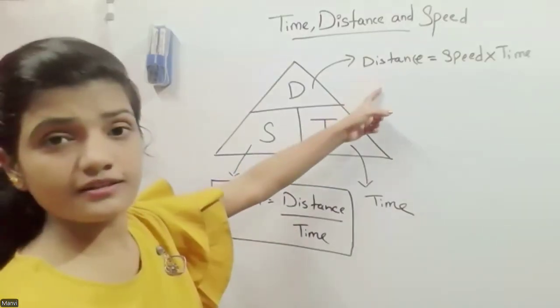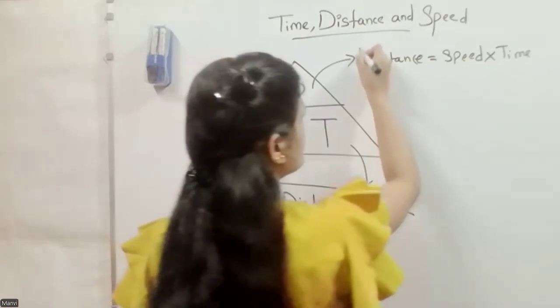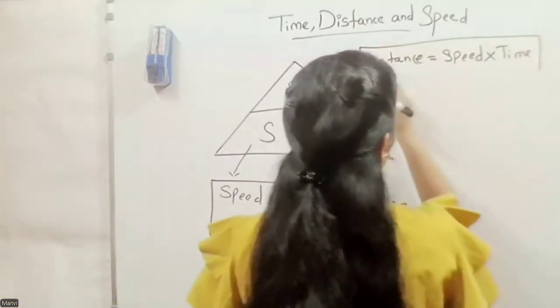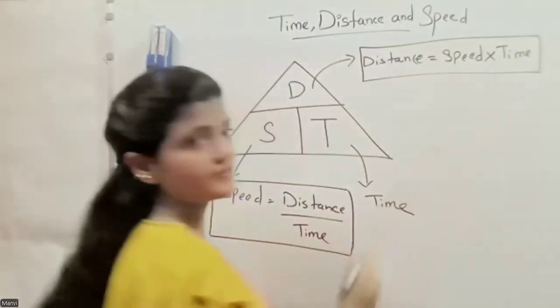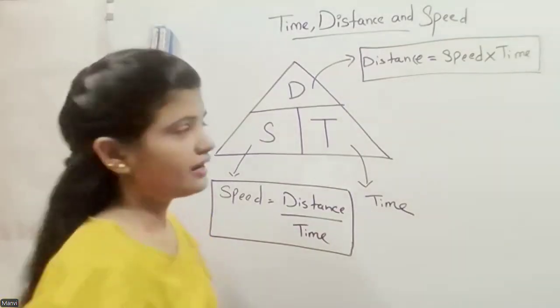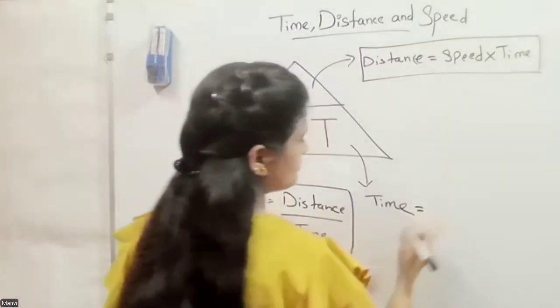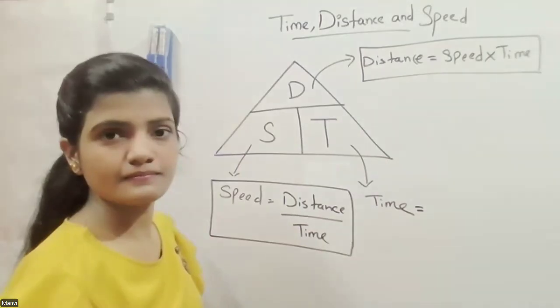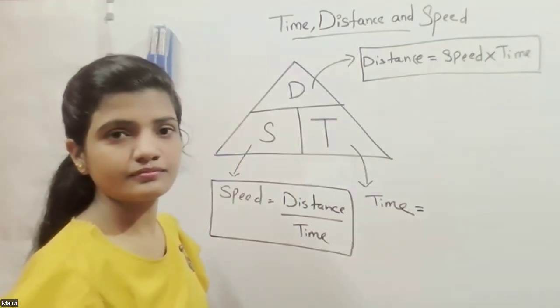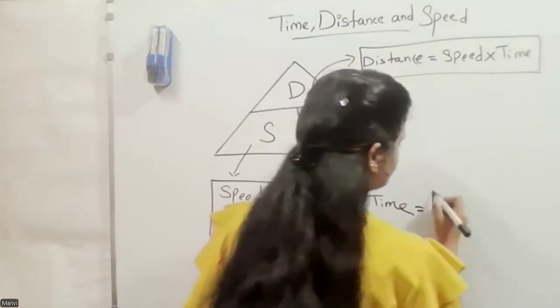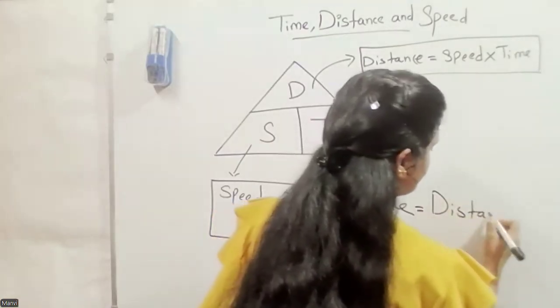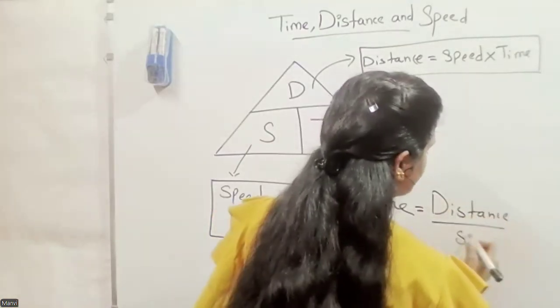What is distance? Distance equals speed times time. And what is time? Time is equal to the distance divided by speed. Very good.